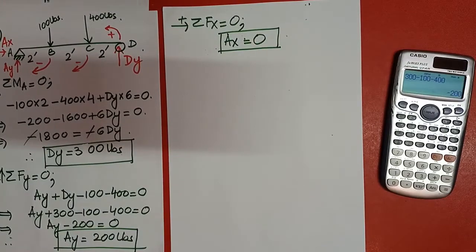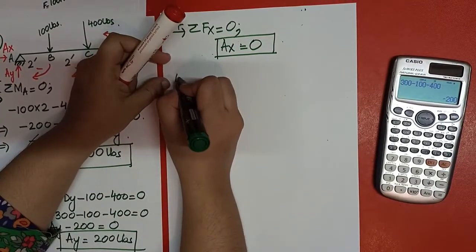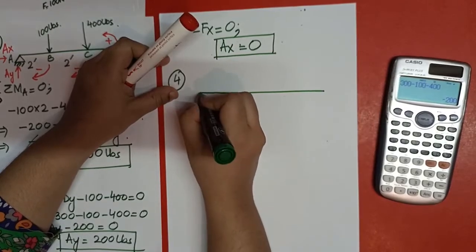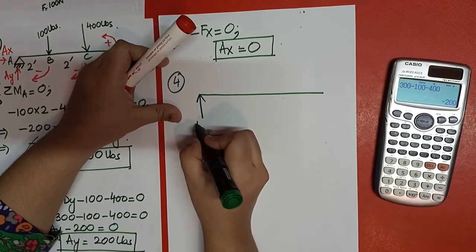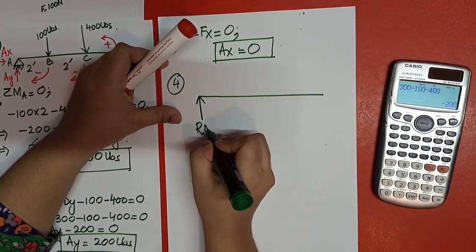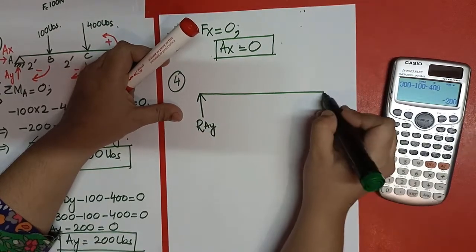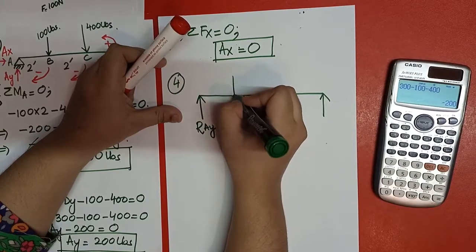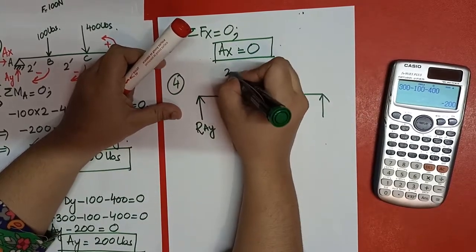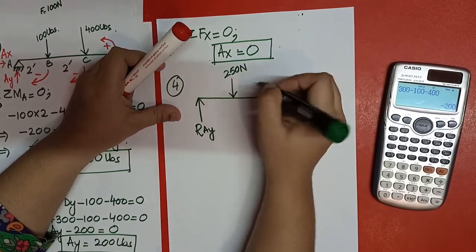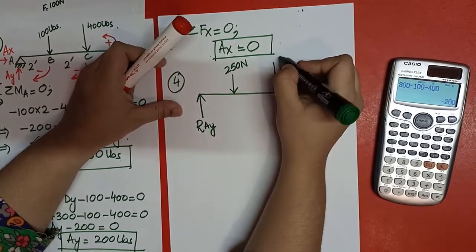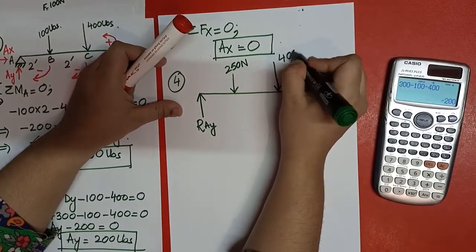Now I am moving towards another question, question number 4. This is also a beam, and I have to calculate the support reactions. I am writing here this is RAY, this is 250 Newton force, and this one is 400 Newton.